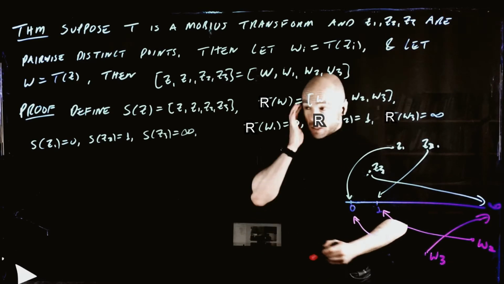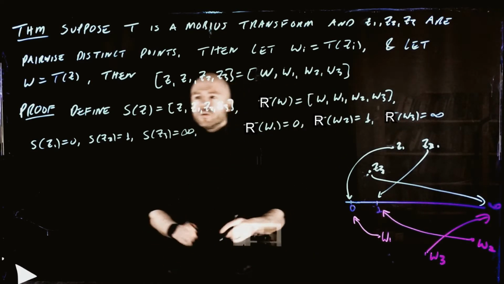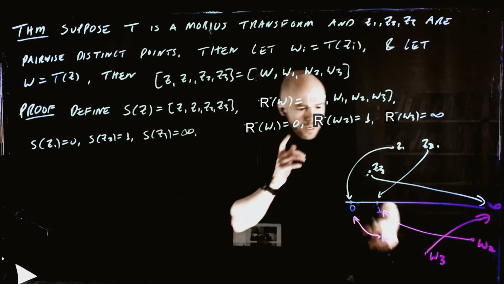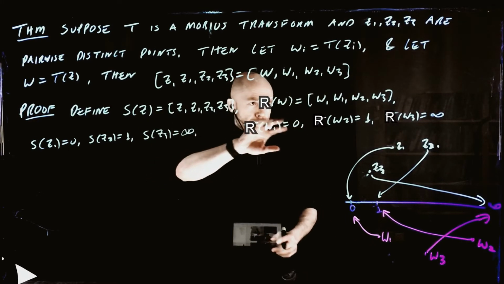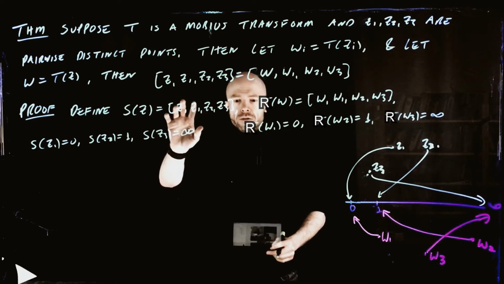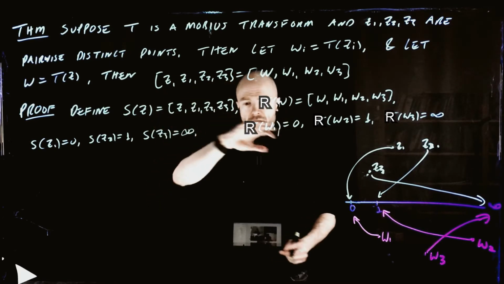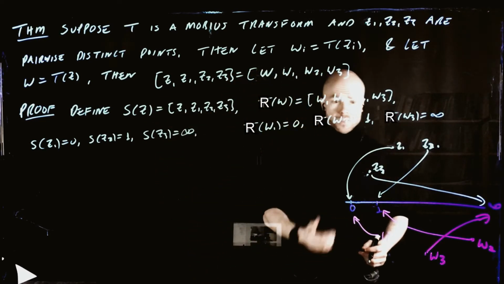Yeah? So we can invert these guys because these are non-trivial. They're not sending everything to one particular value, by definition. So these are both invertible Mobius transforms, not the trivial ones sending everything to a constant. So then we can invert it.